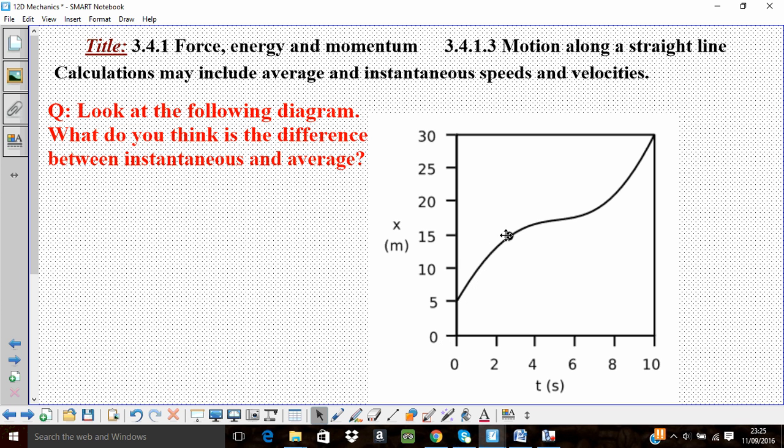Now, if we need to calculate the instantaneous, that means at a specific point. For example, this dot represents an instant in this motion. Obviously, when an object is moving in real life, it will be moving faster, then moving slower, then moving faster, then it might be stopping sometimes.